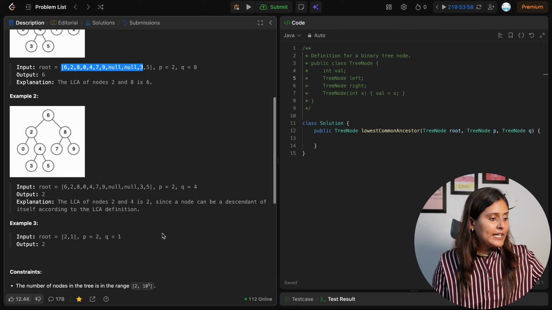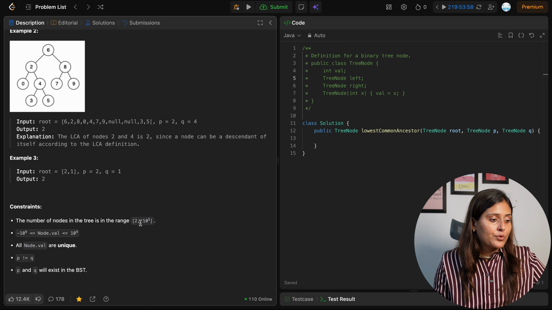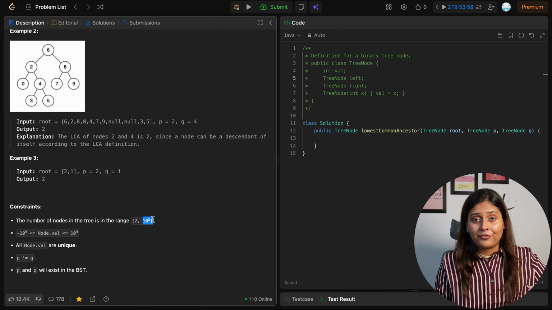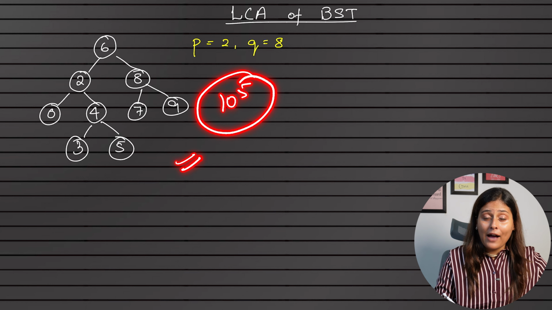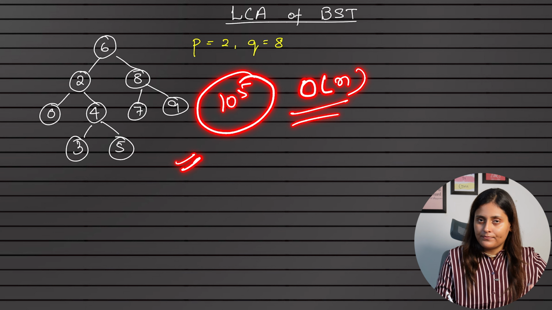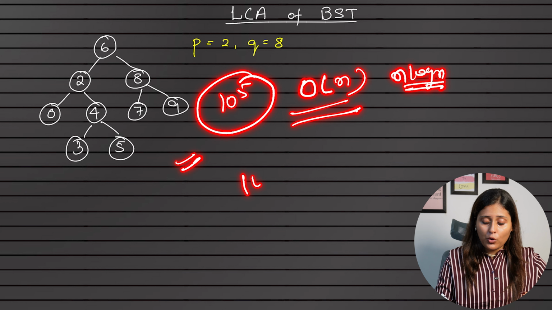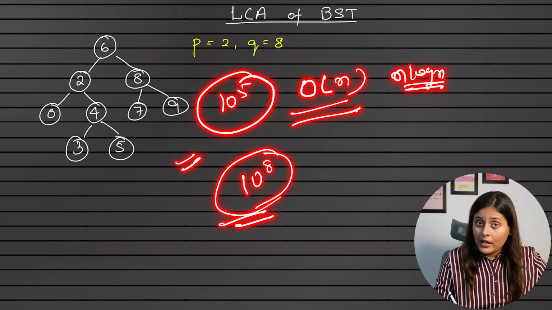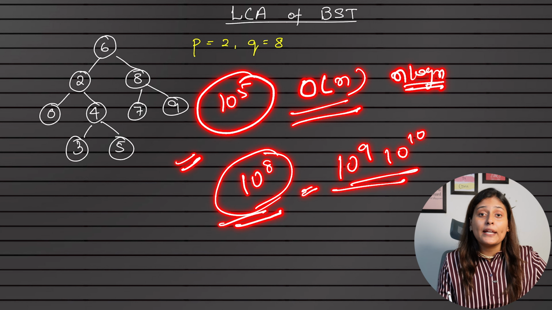So let's read the constraints. The minimum number of nodes will be 2, obviously P and Q, and the maximum number of nodes can go up to 10 power 5. As the maximum is 10 power 5, we have to look for a linear solution, or n log n also works, meaning we have to stay under 10 power 8, because beyond 10 power 8 it might give us TLE, and for sure at 10 power 9 and 10 power 10 it will give us TLE.